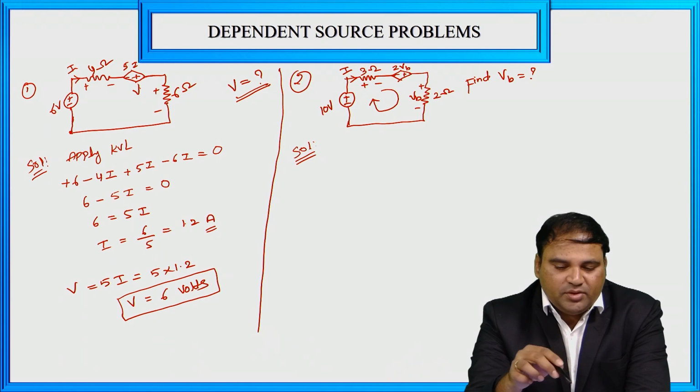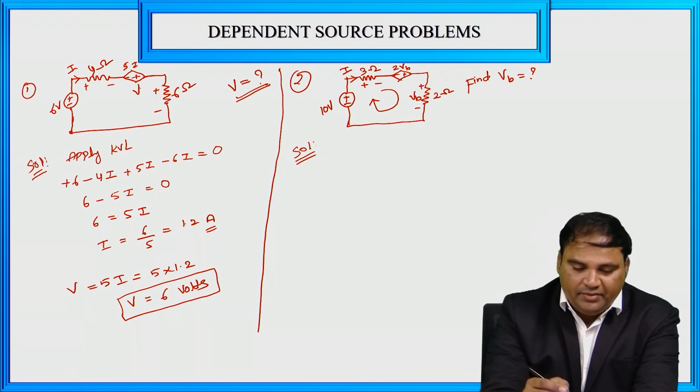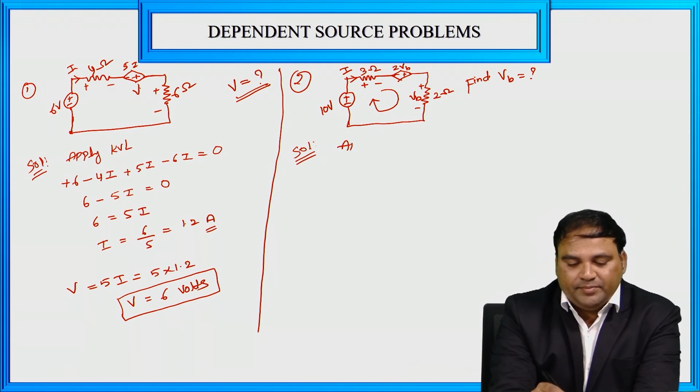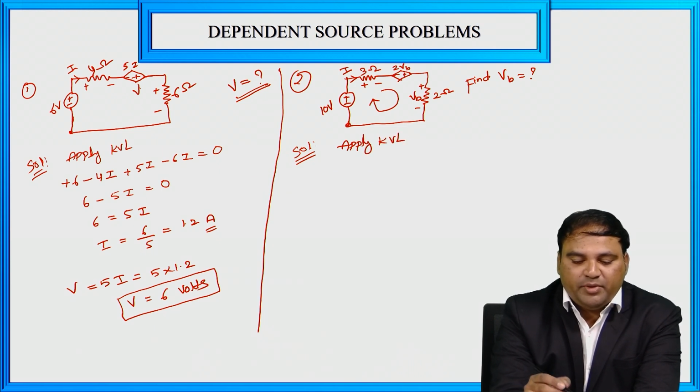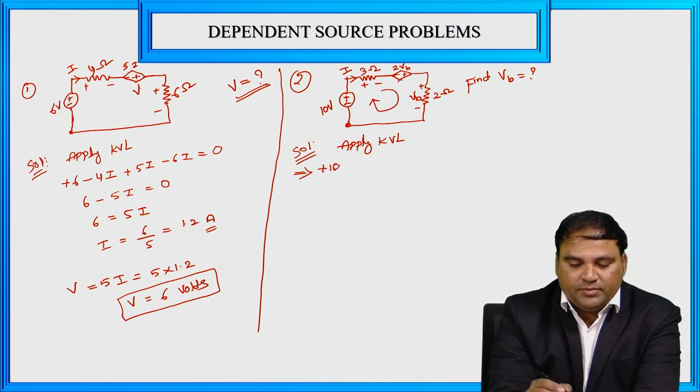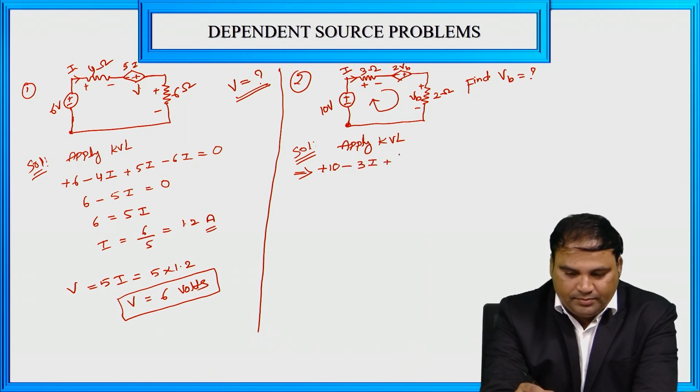Now in this loop we need to apply KVL. Now I am starting from this point. So plus 10 minus 3I plus 2VB minus 2I equal to 0.